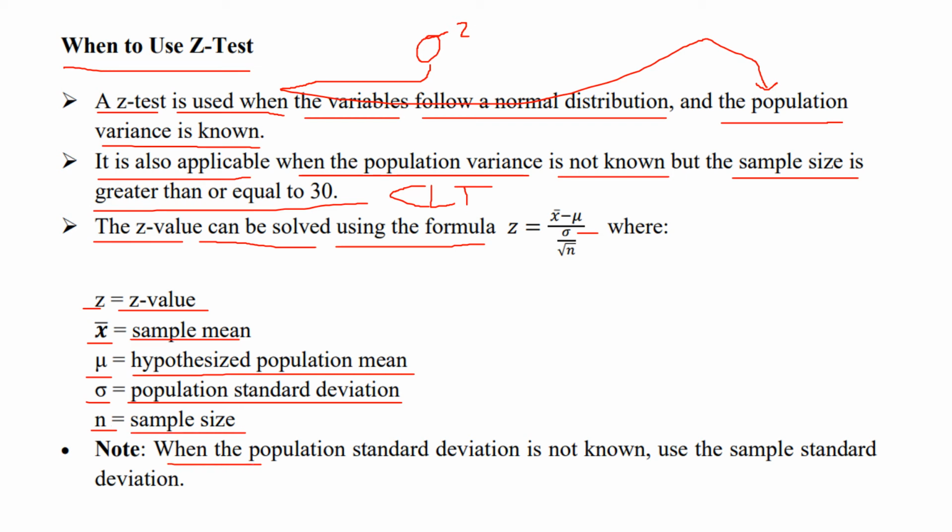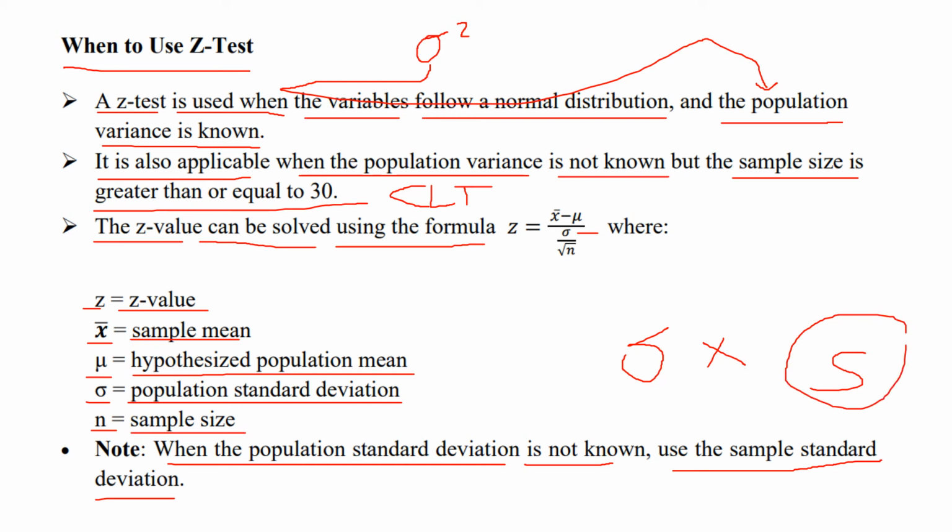Note, when the population standard deviation is not known, use the sample standard deviation. So if the population standard deviation sigma is not known, then we can use s as a replacement for it.